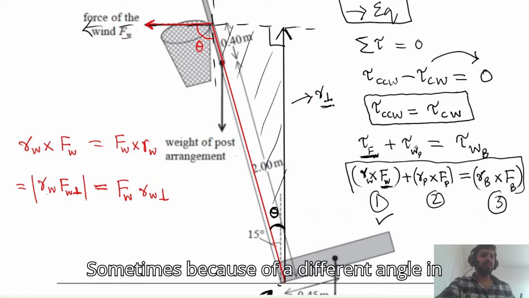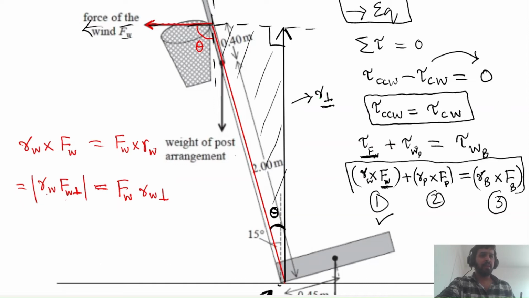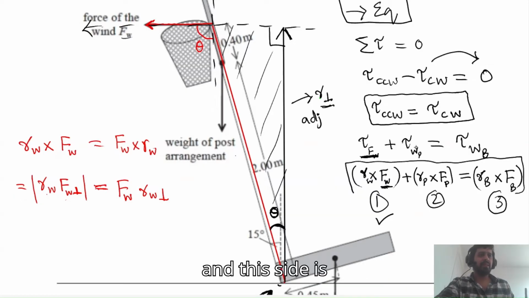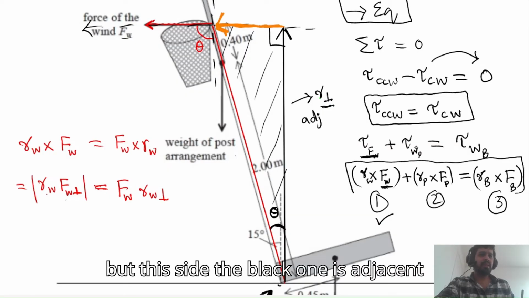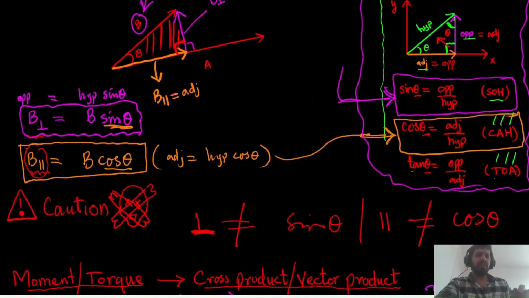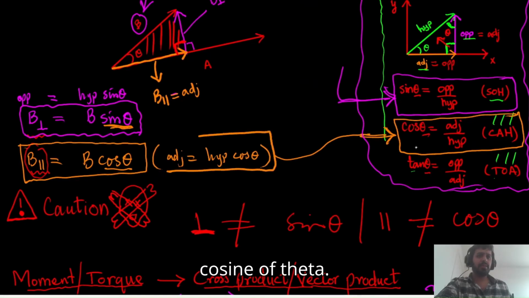Sometimes, because of a different angle in the diagram, the perpendicular side is actually adjacent of this right triangle. You can see this is the angle, and this side is opposite side, but this side, the black one, is adjacent. And because it is adjacent, it is always hypotenuse times cosine of theta.